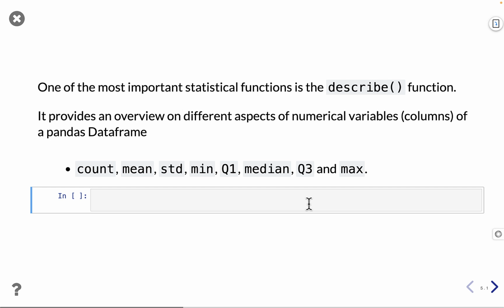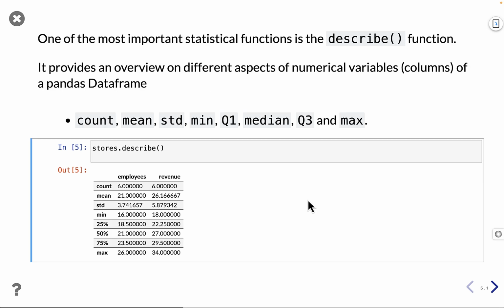Now, another useful method for any data frame is the describe function. We can do stores.describe and see what it tells us. As we can see, even though we have managers, cities, employees, and revenue, the 4 columns, if we use describe, the results shown here only include employees and revenue.